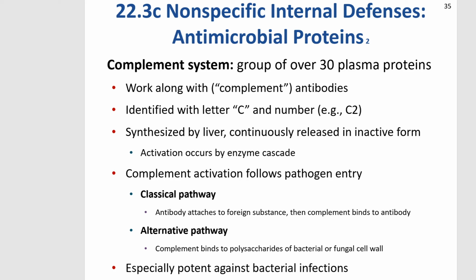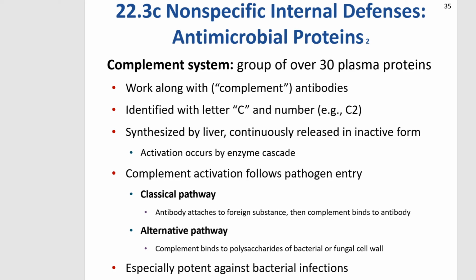So there's a classical pathway. Antibody attaches to foreign substance. Complement binds the antibody. It's sort of flagging down, it's sort of causing a signal to the cells of the immune system that are going to come and attack, to kind of help the antibody in that sense, amplify the signal of the antibody.